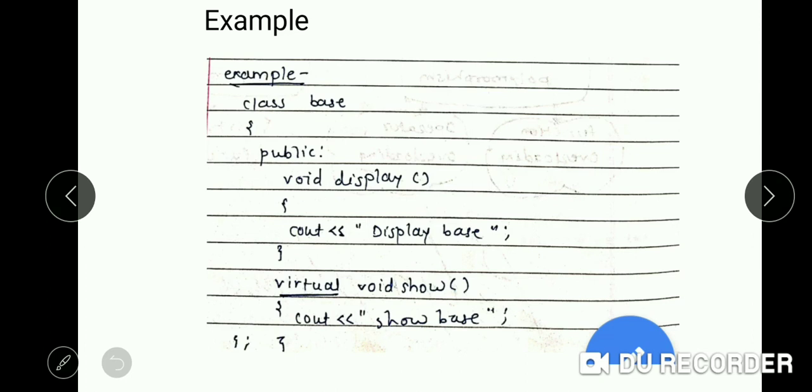Here we discuss one example of virtual function. We have the class base. We declared one function, void display, which displays the message display base. Again we declared one more function, show, which shows the message show base, and we declared it as virtual.